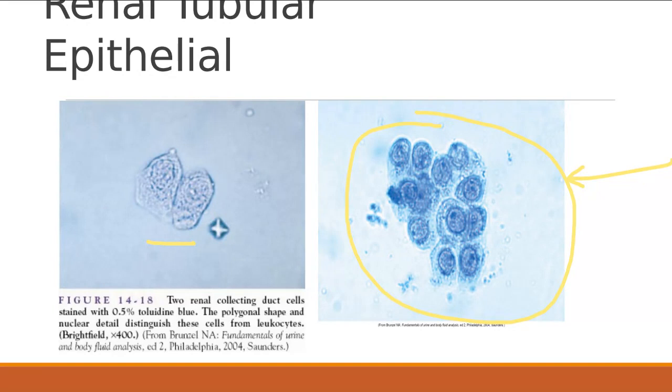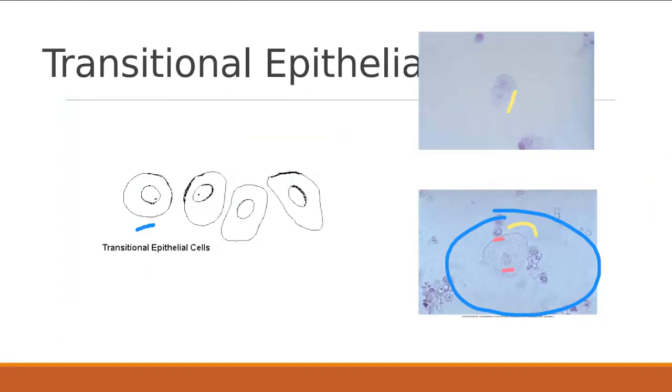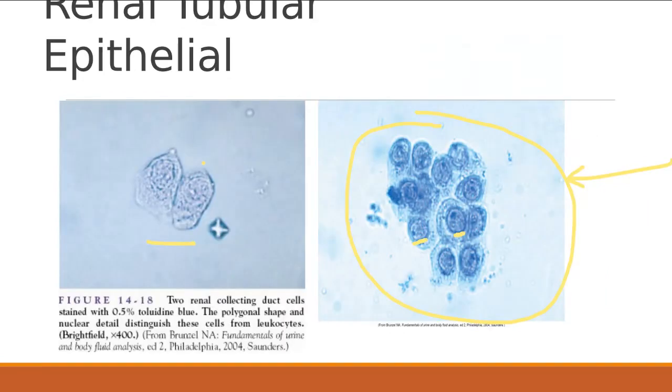You can see this nucleus very well, and that's because they're very dense, and they'll take up about 2/3 of the cell. So they're a lot larger, so you don't confuse them. The transitional cells aren't as dark or as dense. So if these were round, that can help you differentiate between those and renal tubular.